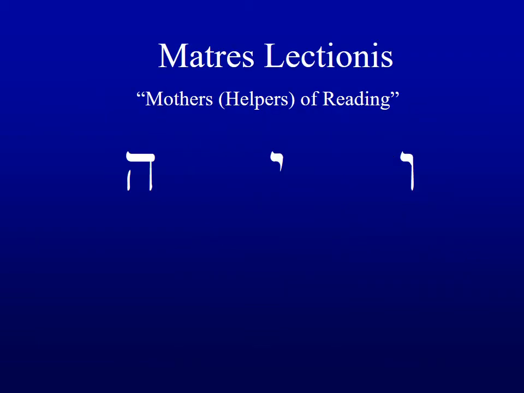Now in addition to our small vowels that are written below the line, we also have what are called matres lectionis, or mothers or helpers of reading. The way that the matres lectionis developed is before the full vowel system was developed, the early scribes developed ways of marking certain vowels with consonants so that even in a consonantal text you could still clarify what the vowel sounds were supposed to be.